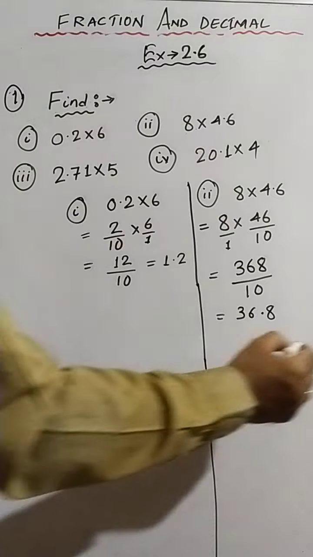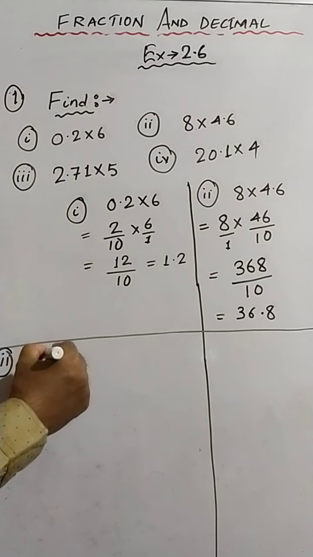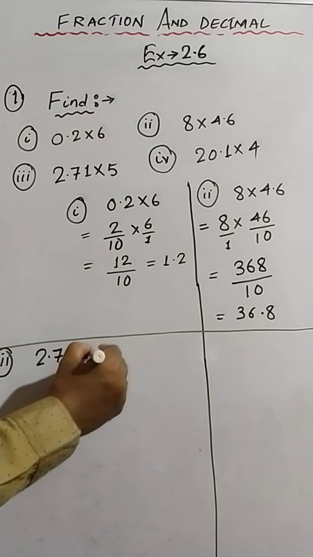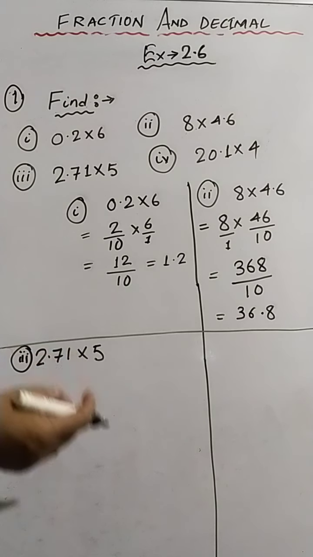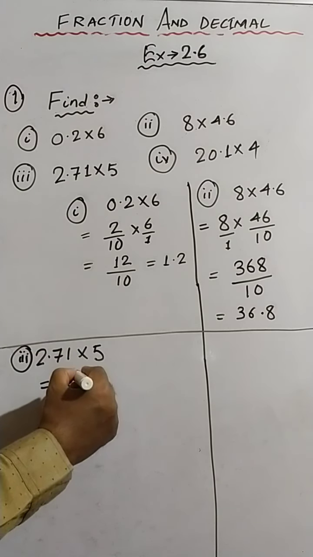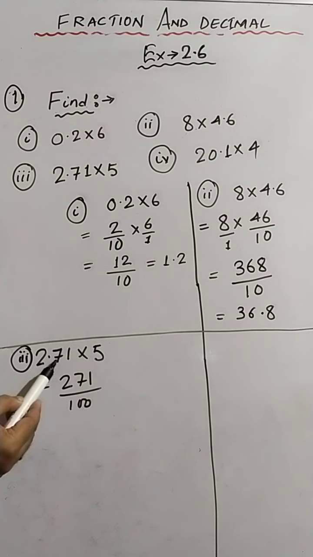Fine. Now let's do sum number 3. Yes, sum number 3. That would be 2.71 into 5. It is similar to what we have done. Now what do we have to do? We have to again convert this into the fractional form. So that would be 271 by 100 this time. Why? Because after the decimal how many digits are there? 2.